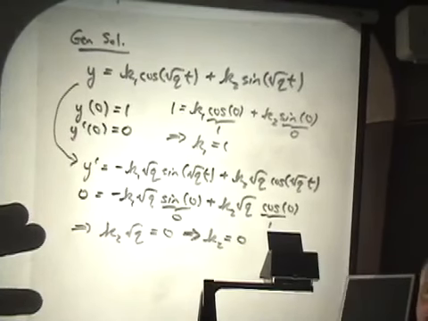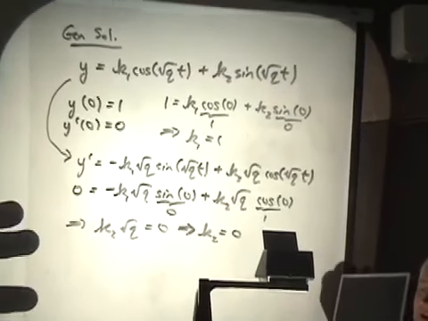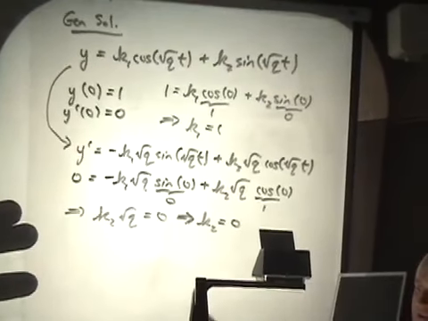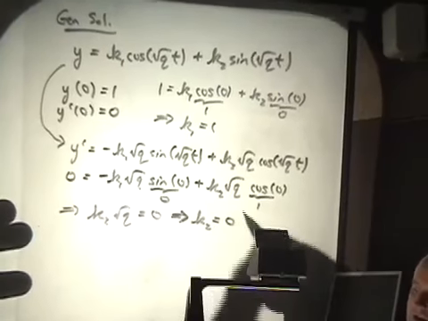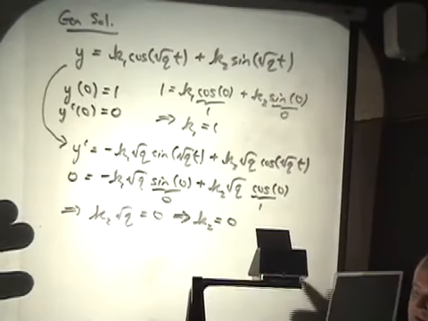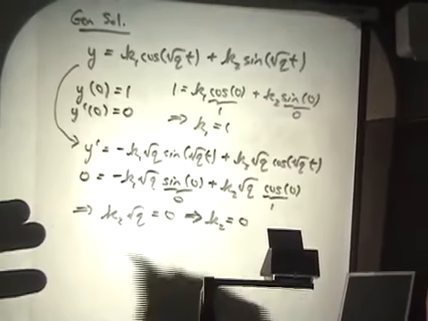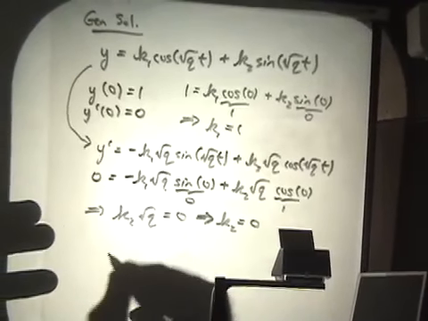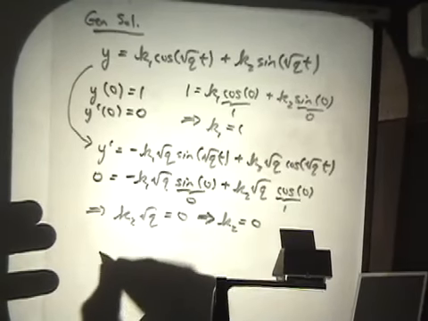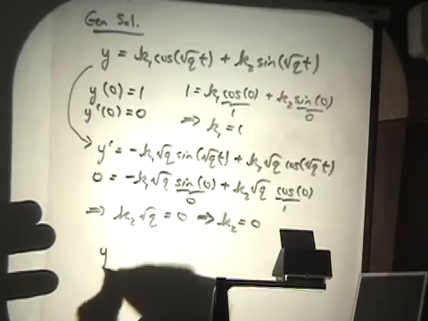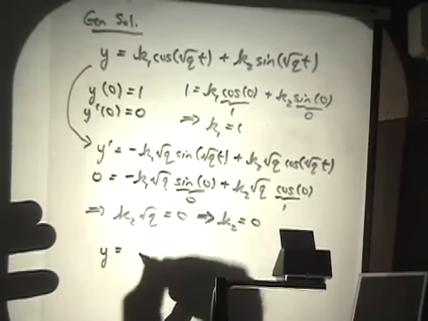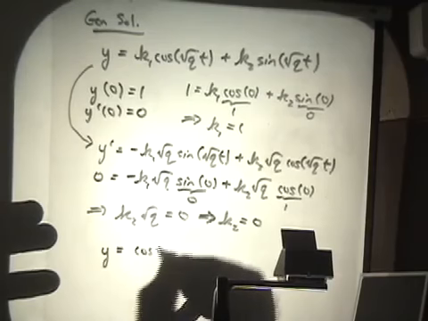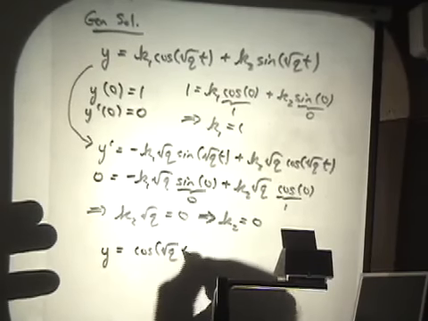K is the spring constant. It's positive, otherwise we wouldn't have a spring. It would be a non-springy spring. It would be non-existent. So Q is definitely positive. K2 is required to be 0 here. With K1 equaling 1 and K2 equaling 0, we see that the particular solution to this initial value problem is y equals cosine of square root of qt.